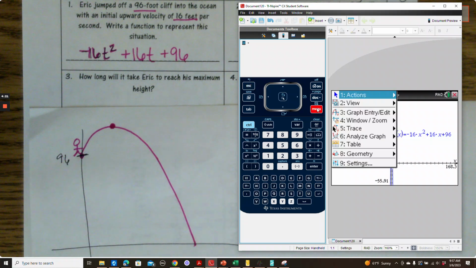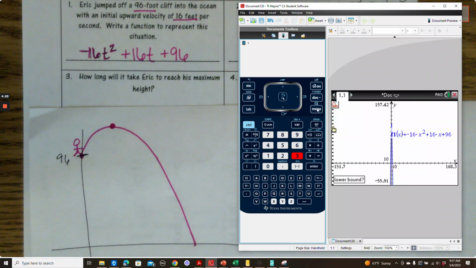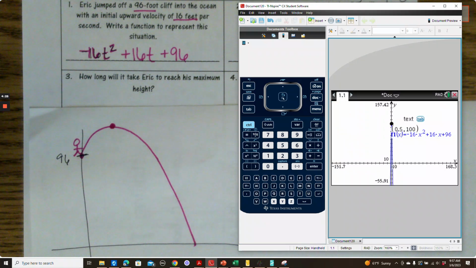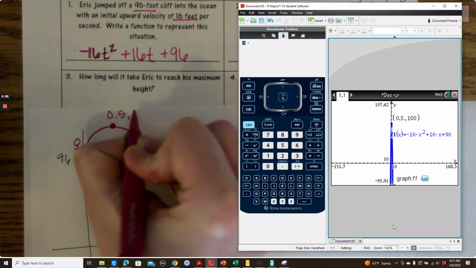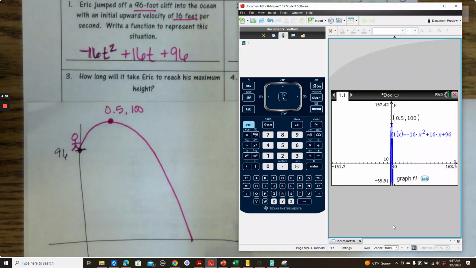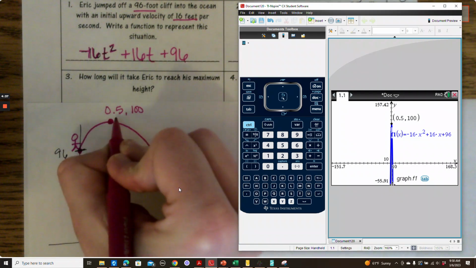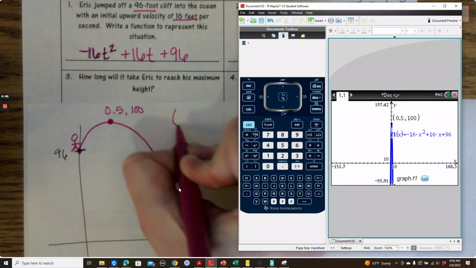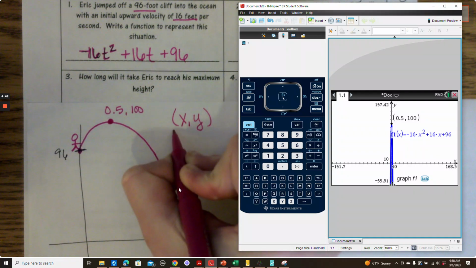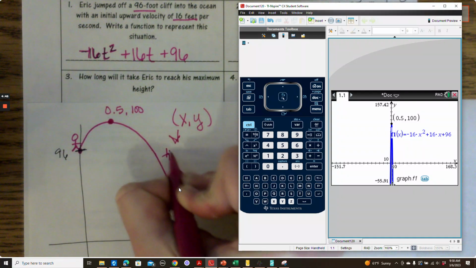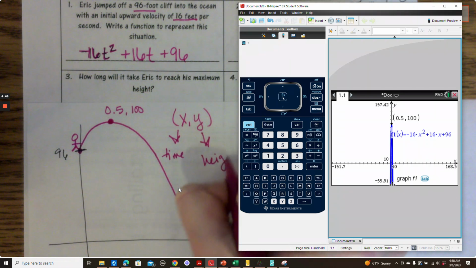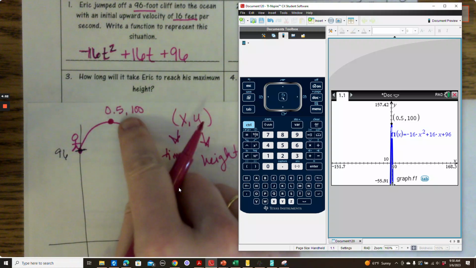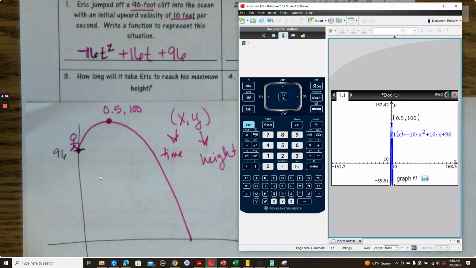So if we do menu 6, 3, I get 0.5, comma, 100. The first number in these ordered pairs, x comma y, is talking about the time, and then the y value is talking about his height. So his maximum height is the second number, the 100 feet.